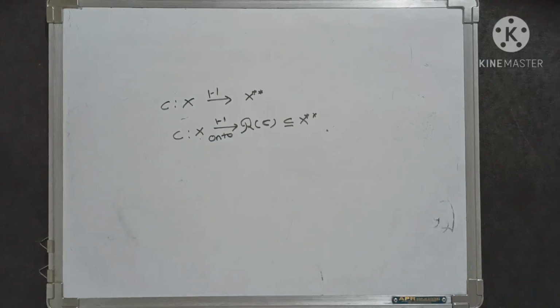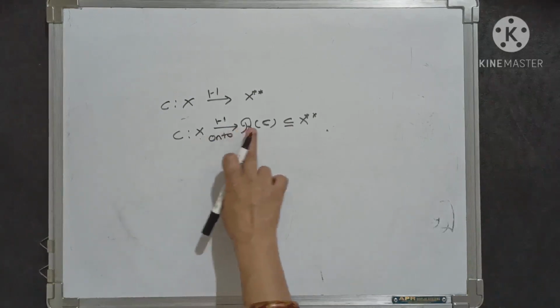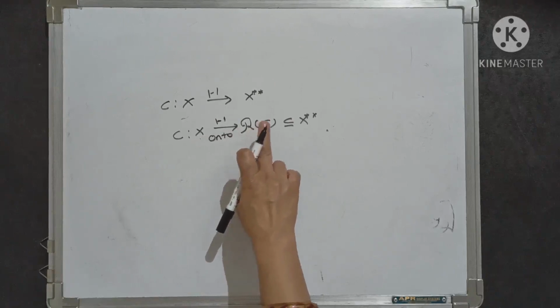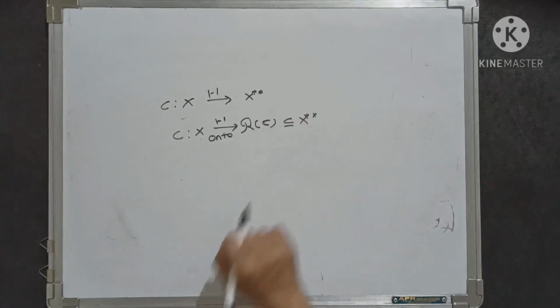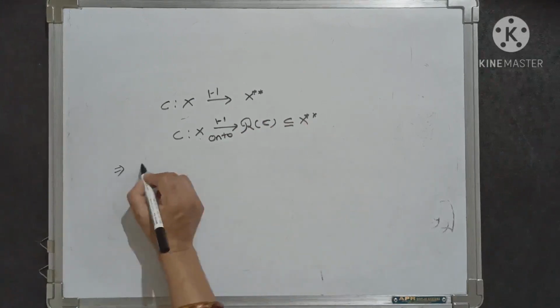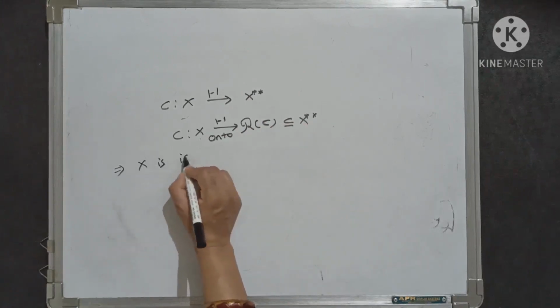It means that X is isomorphic to script R of C, and script R of C is a subspace of X double star.